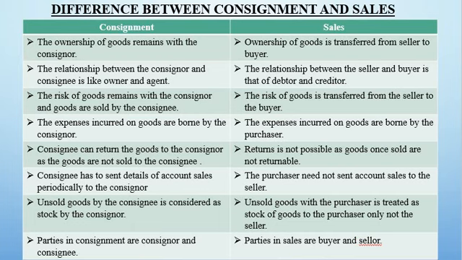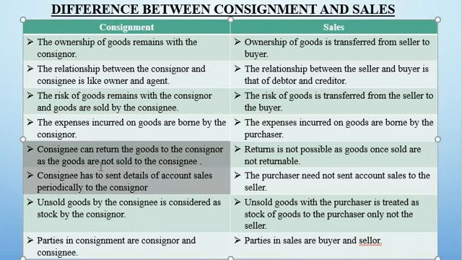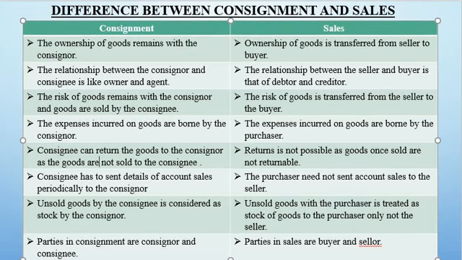Okay, next. In consignment, the consignee has to send details of account sales periodically to the owner, that is the consignor, whereas in case of sales, the purchaser need not send account details to the seller.